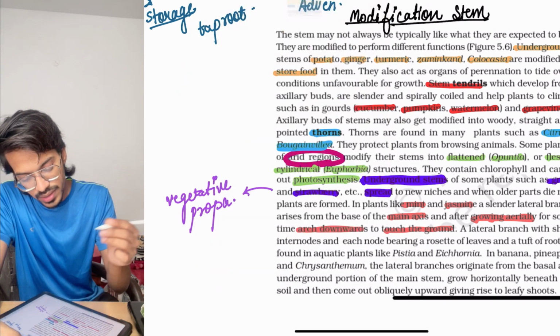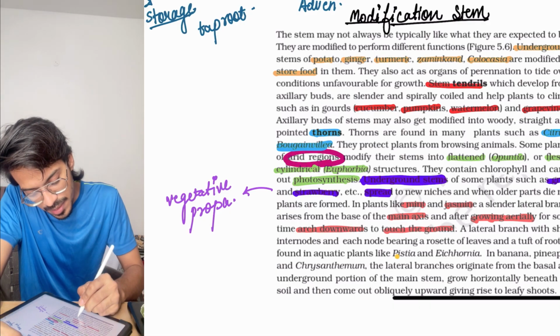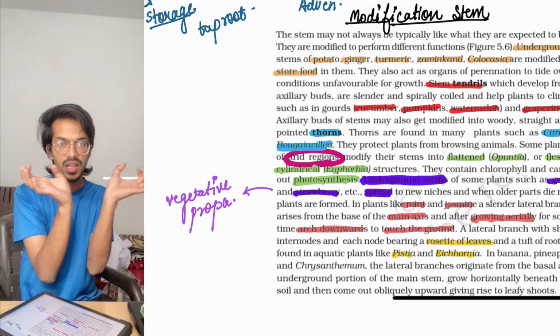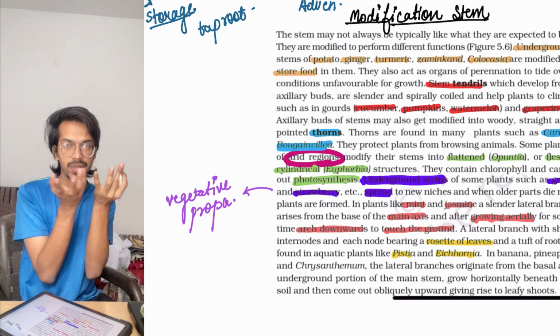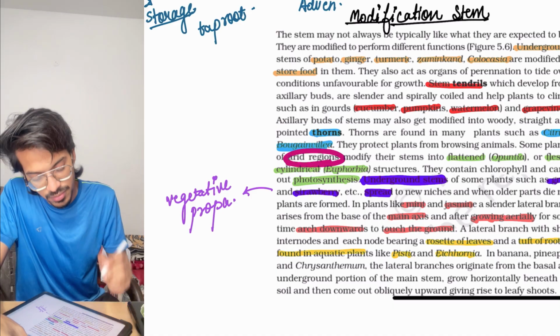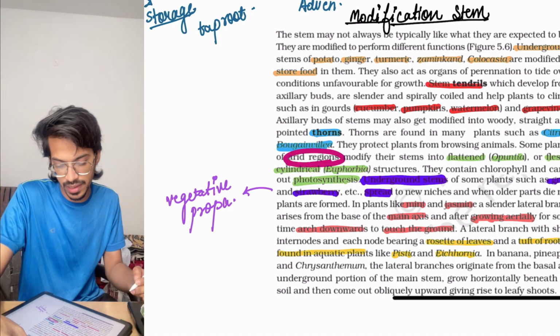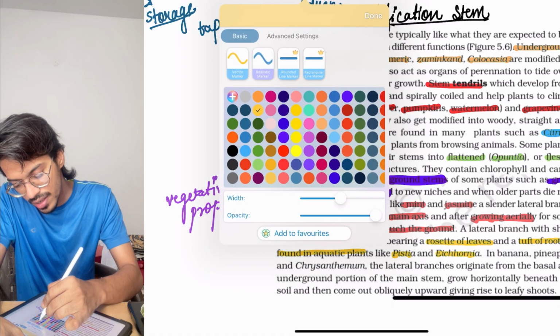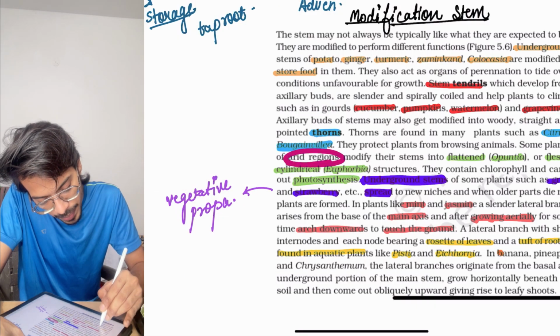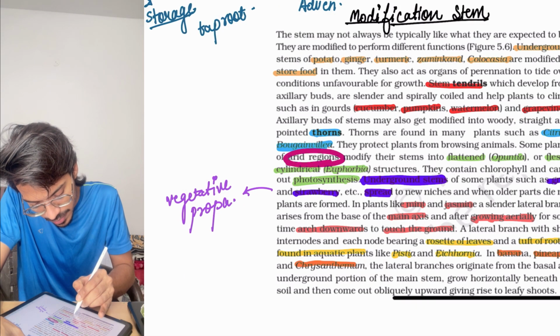The next thing is certain leaves like pistia and eichhornia. Here the rosette of leaves means leaves come together and form a cabbage kind of thing. Tufts of leaves in aquatic plants we see, which is pistia and eichhornia. Then the next one is the runner kind of thing. When I talk about runners, I mean banana, pineapple, chrysanthemum.